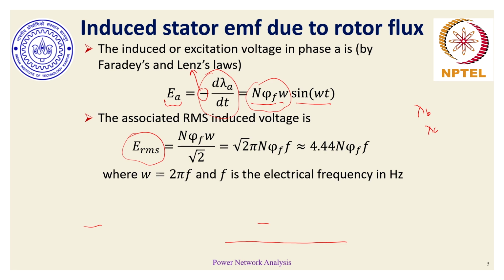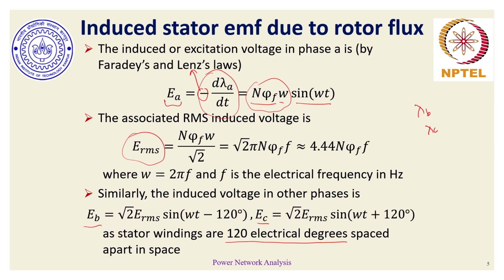So depending on the number of turns on the rotor and the field current, the induced EMF expression is obtained, and coincidentally it turns out to be a balanced voltage. That's how synchronous generators or alternators inherently produce positive sequence balanced voltages.